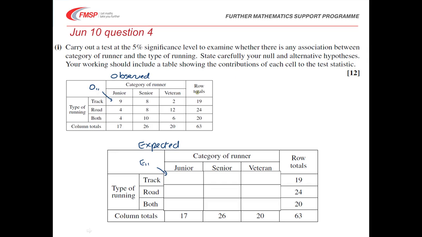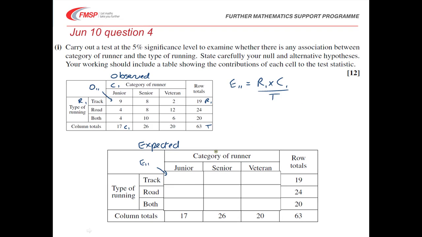Okay, now they correspond to row 1, column 1. So to work out E11, what we do is we take the total from row 1, which is this one here, multiply it by the column total, which is C1, and we're going to divide it by the grand total. Okay, and we do that for every single entry.